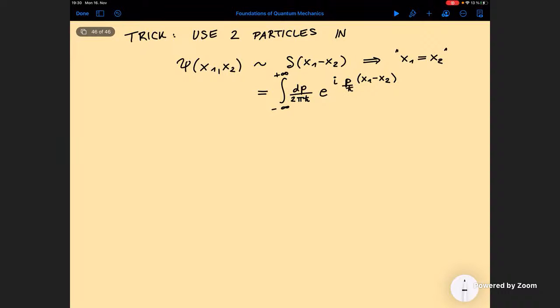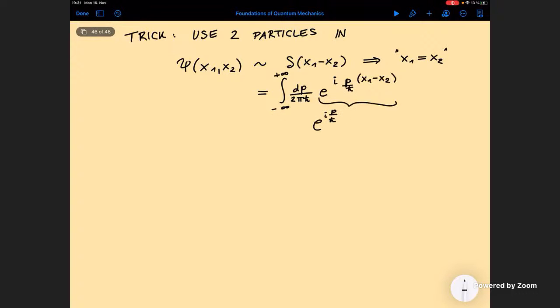This is now a superposition of many states, each of which is distinguished by a different value of the parameter p. So it's a superposition in the sense that, instead of a sum, you have an integral, but okay, it's an infinite superposition. And each of these states is this kind of plane wave. But you can also write this another way.